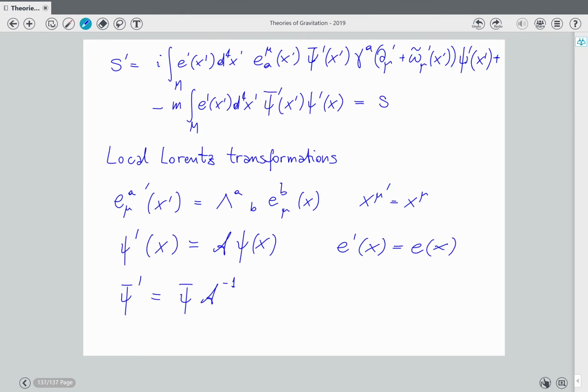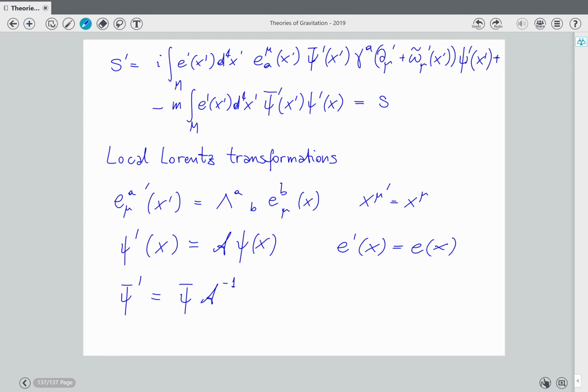So let's see how it should transform first to have an invariant action, and then we will see that indeed omega tilde transforms in the required way.